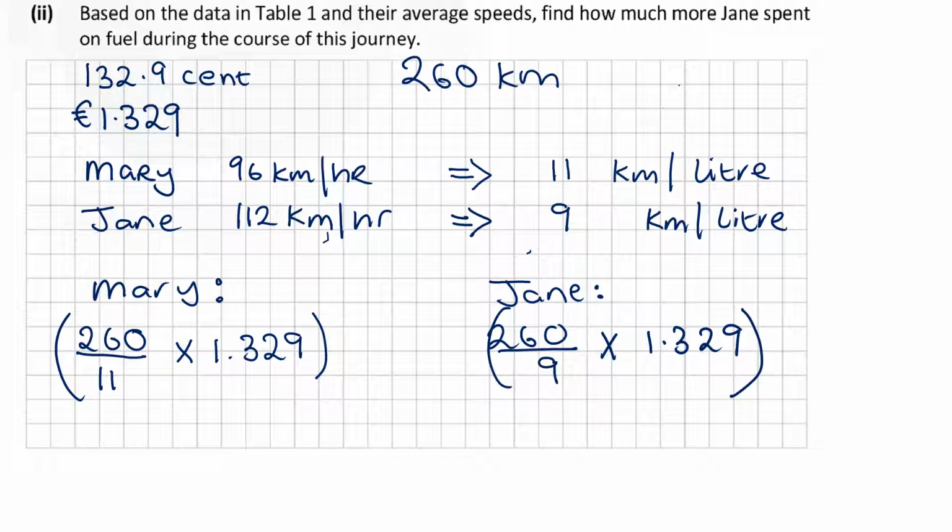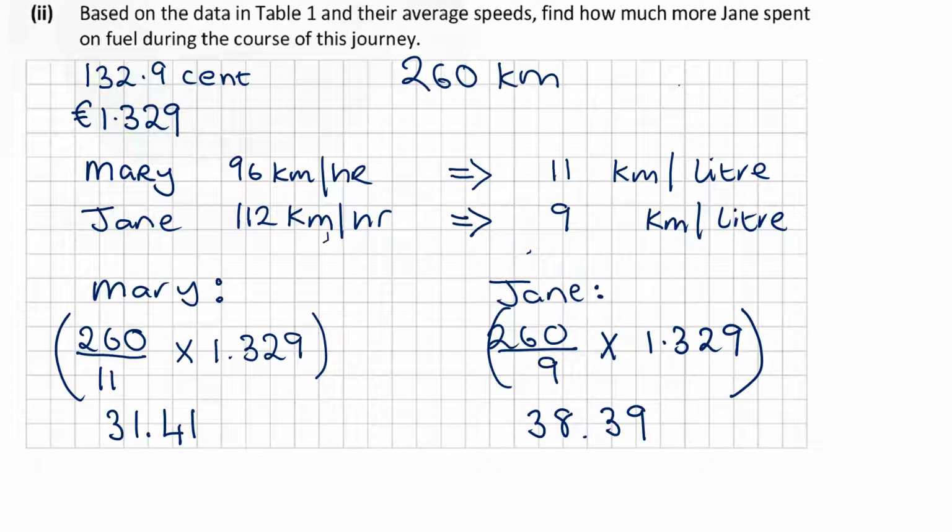So what we work out is for Mary, she ended up paying 31.41 when we rounded to 2 decimal places, and the reason we're rounding to 2 decimal places is because it's money. And Jane then, she worked out paying 38.39 for her journey.